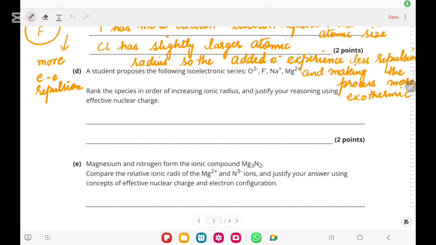For the next question, a student proposes the following isoelectronic series: O minus 2, F minus, Na positive and Mg plus 2.